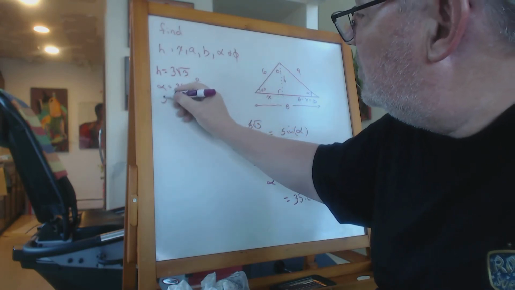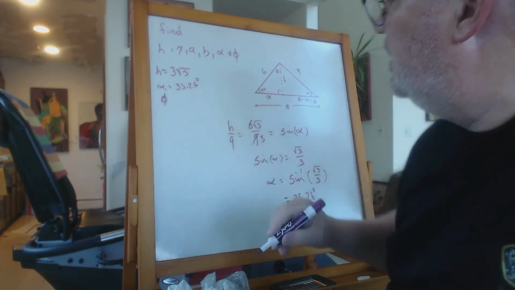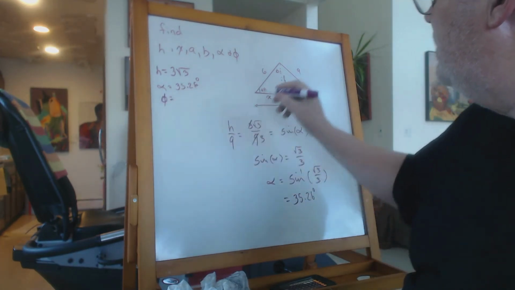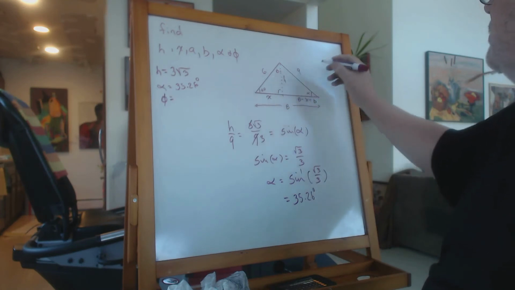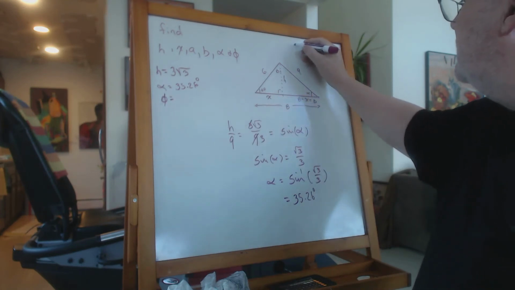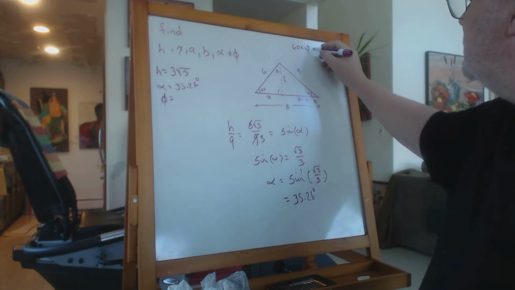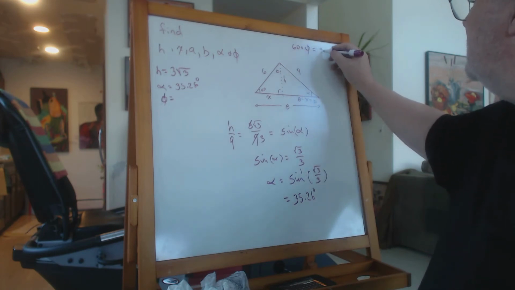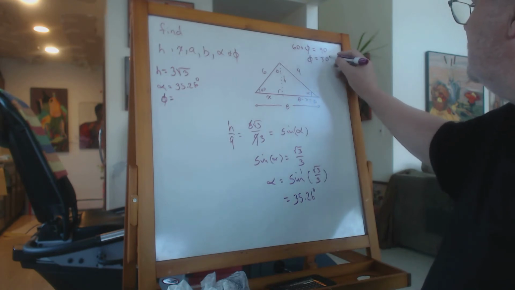Here we want phi. Phi is equal to, well, we don't have to do much there. That's a right triangle, so 60 plus phi equals 90. Phi equals 30.